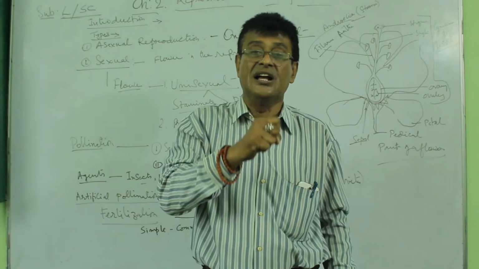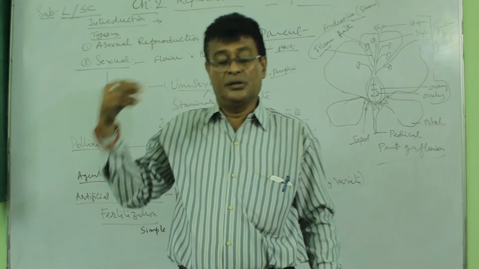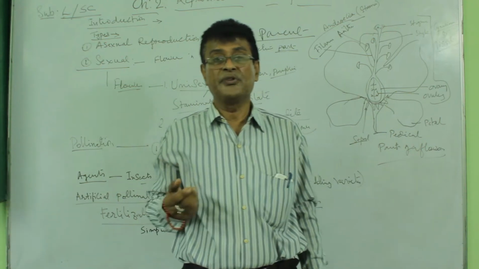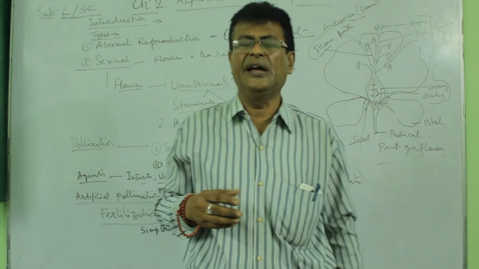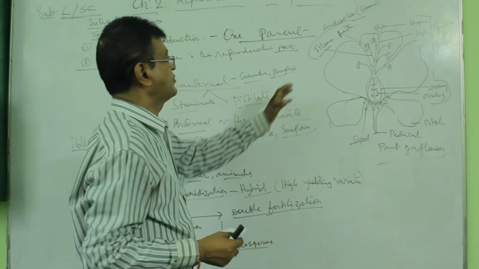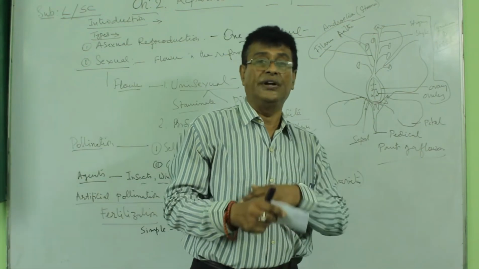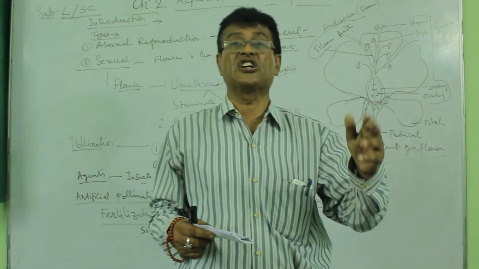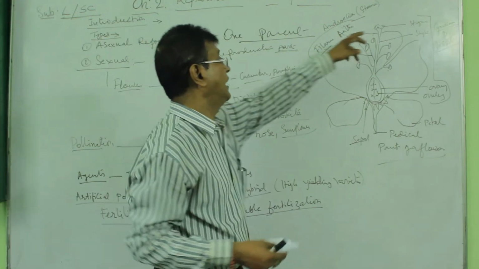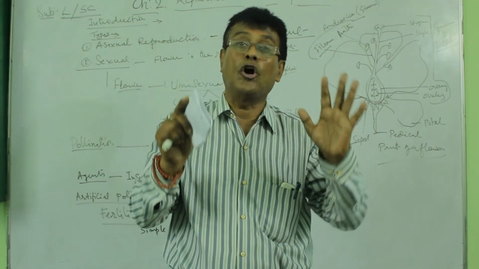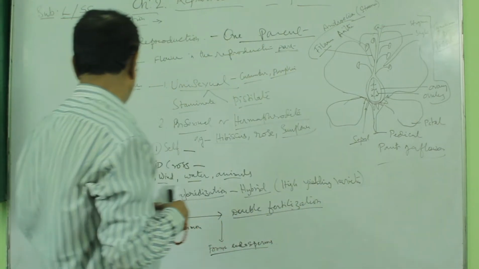They collect it to feed themselves, or sometimes bees collect it for their future generation. When they go, their hairy body sticks with the pollen, and when they fly to another flower, another plant, the pollen is transferred to the stigma of that flower. This is known as cross-pollination.